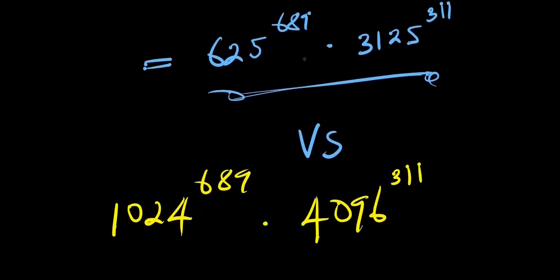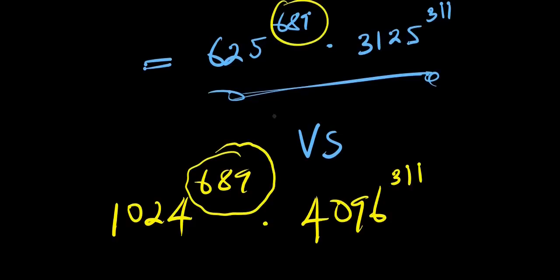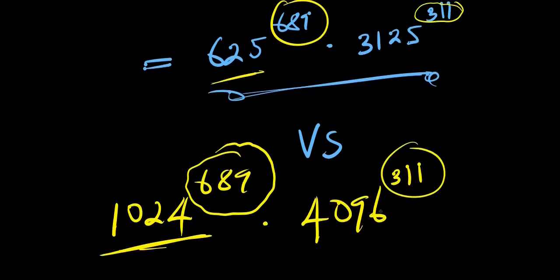Now let's compare the exponents. This is 689 and this is 689. They are the same, but 1024 is bigger than 625, so this is bigger. Let's consider this one here. 311, 311, they are the same, but 4096 is bigger than 3125.